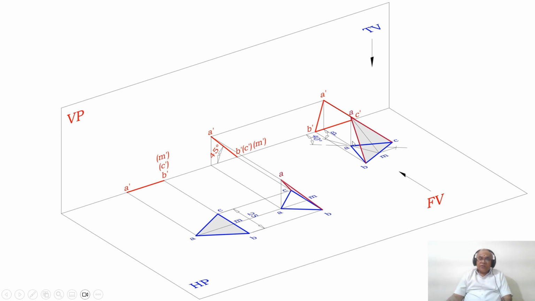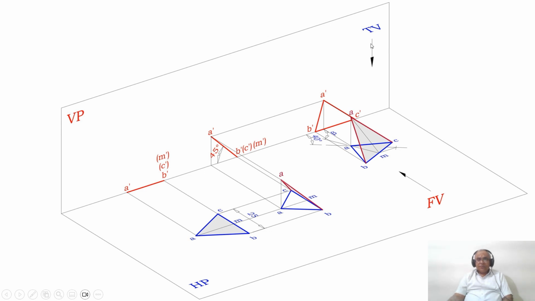So this is the actual final position of your equilateral triangular lamina. When you look from a different view, that image is projected here, A dash, and this B to B dash, and this C to C dash. So then you are going to get the front view of this particular orientation of the lamina.